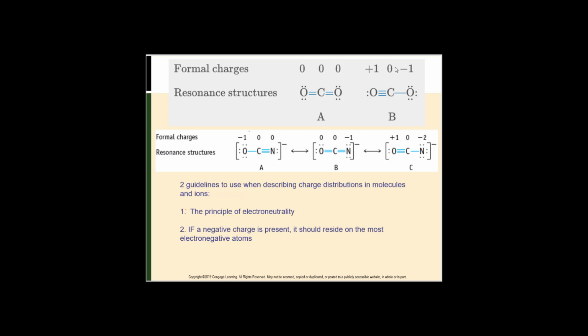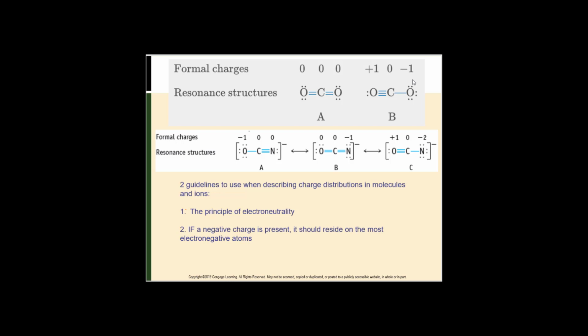But if we look at the difference between these two, first of all, we see that the formal charges on all of the atoms in A are zero, which is a favorable situation. In B, however, one oxygen atom has a formal charge of +1, and the other has a formal charge of -1. This is contrary to the principle of electroneutrality.